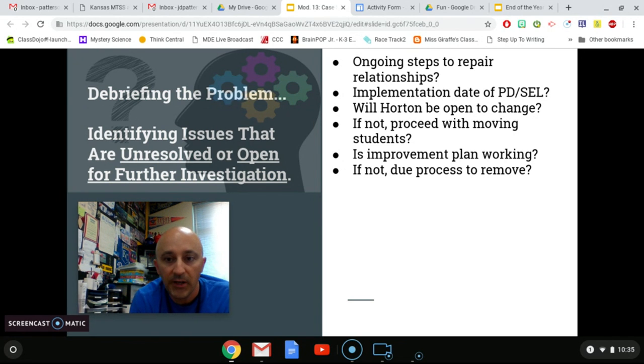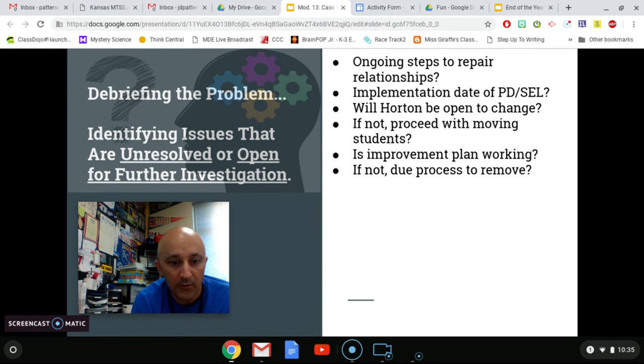Will Horton be open to change? That's a big one. If we're going to provide her these extra supports, she has to be willing to take a step forward also. And if she's not, then would we proceed with moving students? If she's not making any changes, then we're probably going to need to move those students from her class.